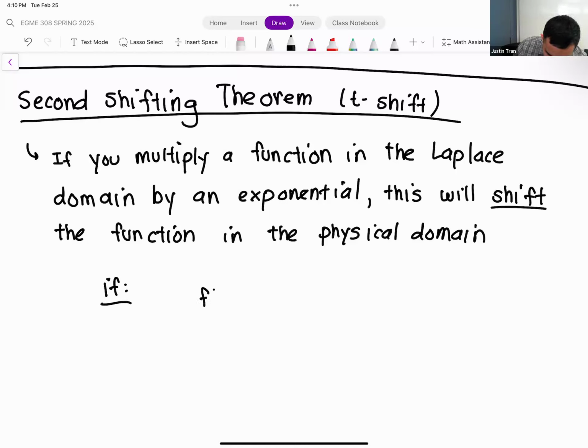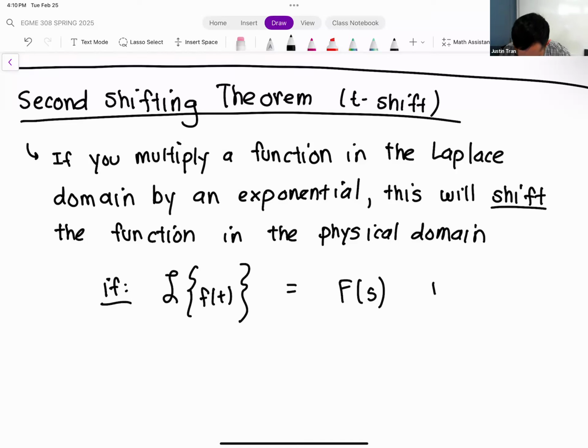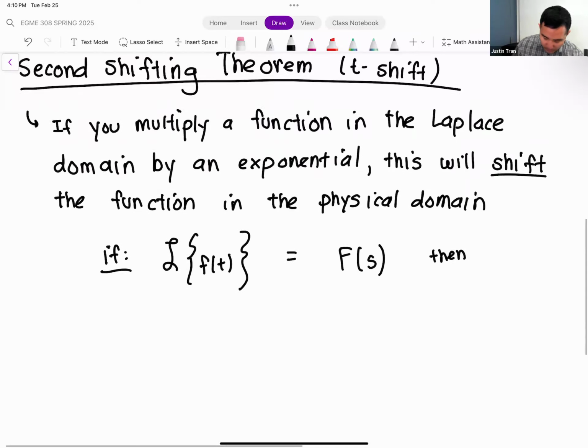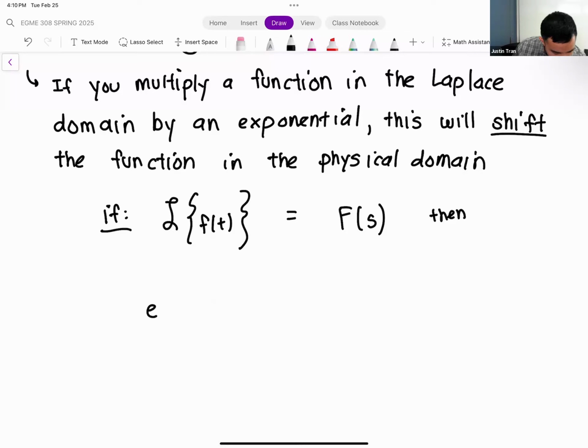If you know a function f of t in the physical domain, and you know its Laplace transform to be big F of s, then if you take e to the minus a s times F of s, so you take that same Laplace function and multiply it by e to the minus a s, that's going to cause a shift in the time domain.